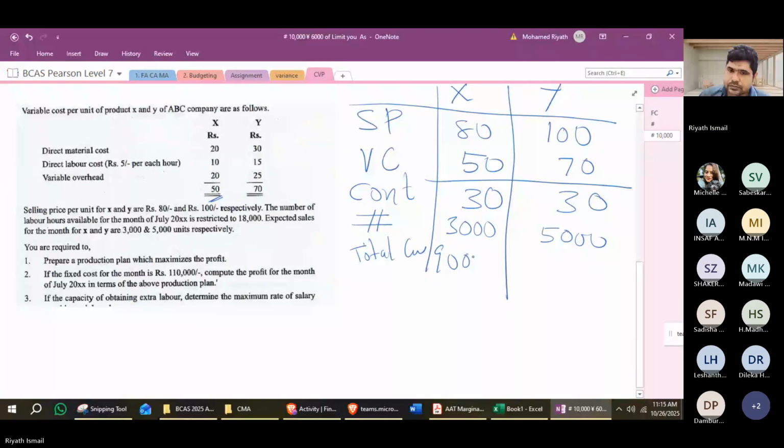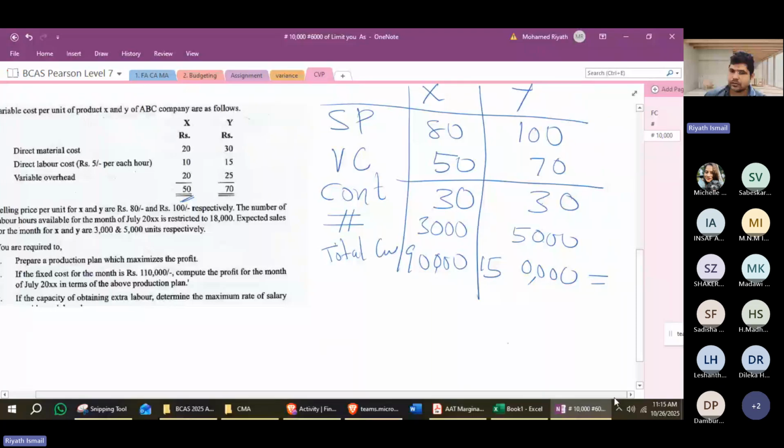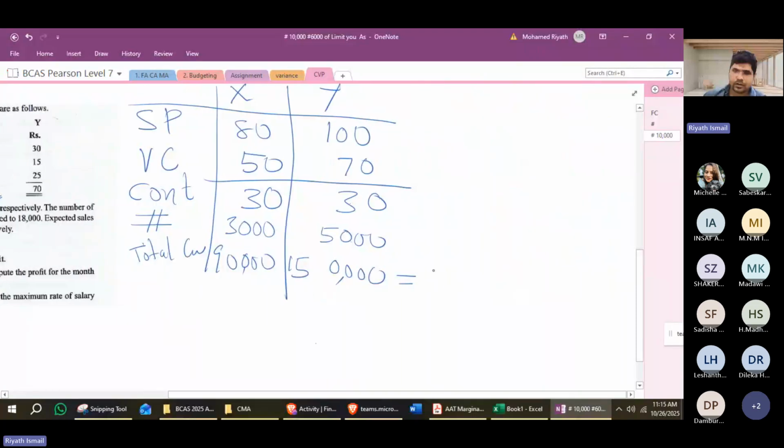And Y gives 150,000. So altogether, they can make 240,000 rupees profit.